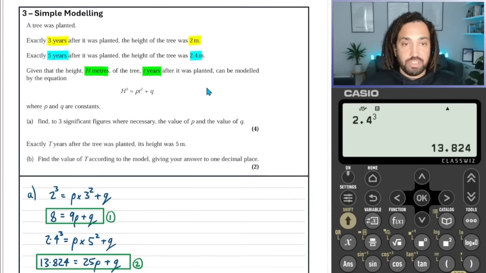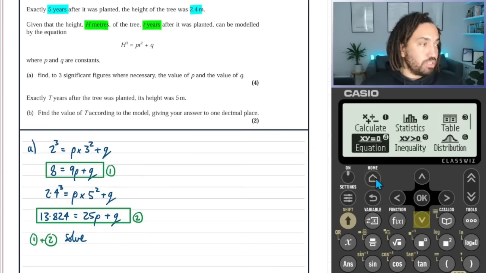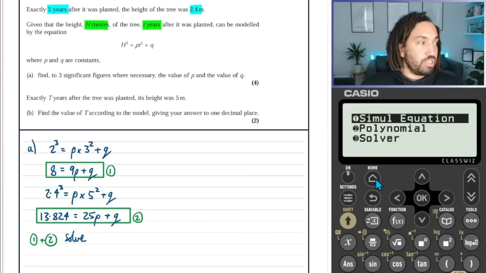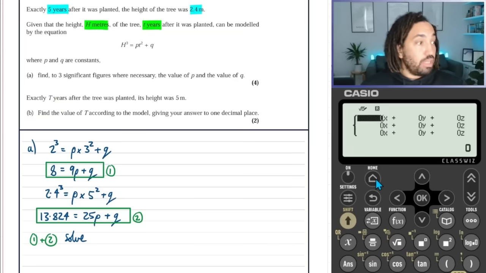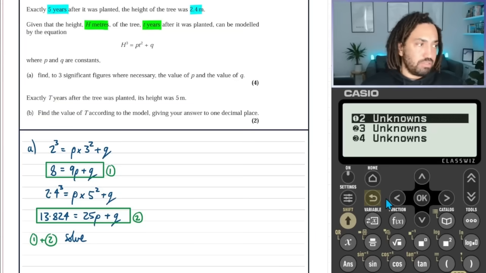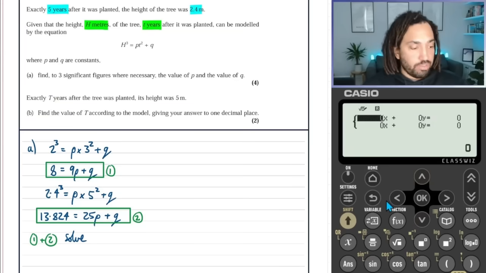And it doesn't say anything about not using a calculator here, so we are pretty much good to go into simultaneous equation, 2 unknowns. Whoops, 2 unknowns. Oh, there we go. Did I click 3?